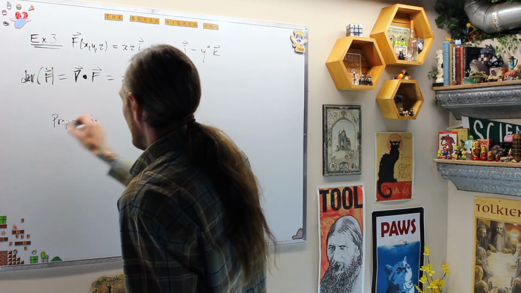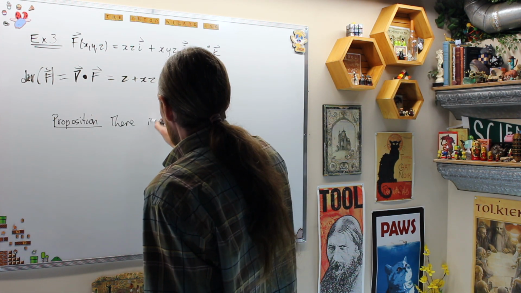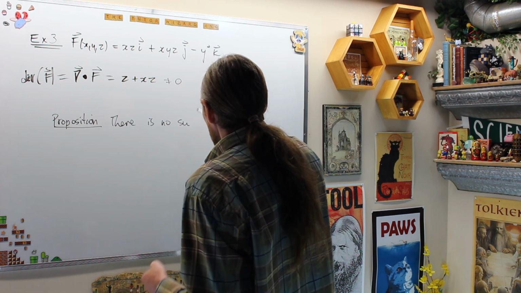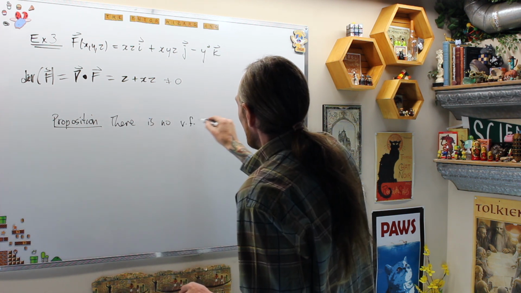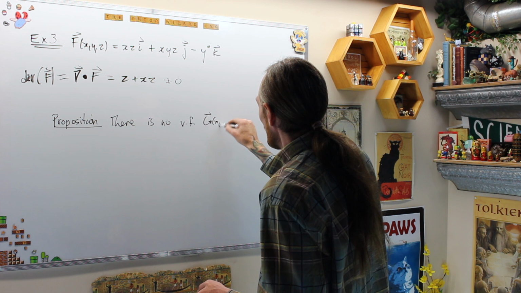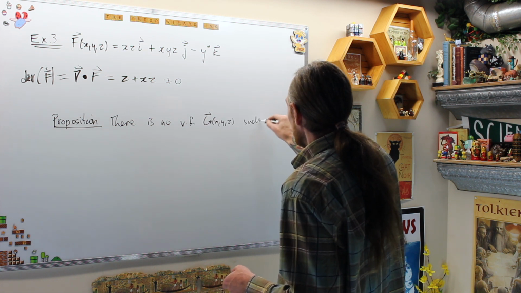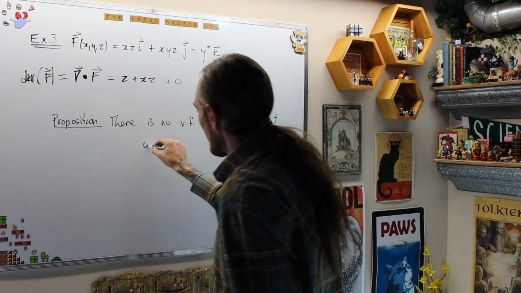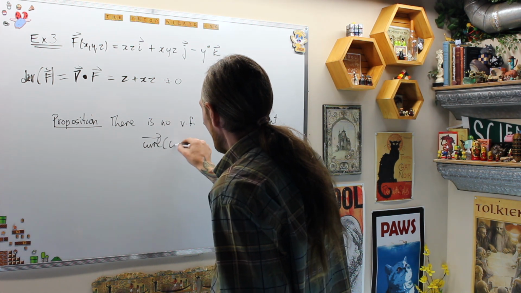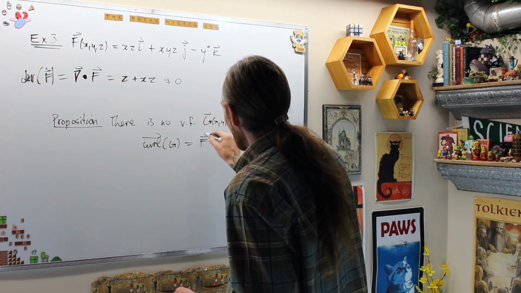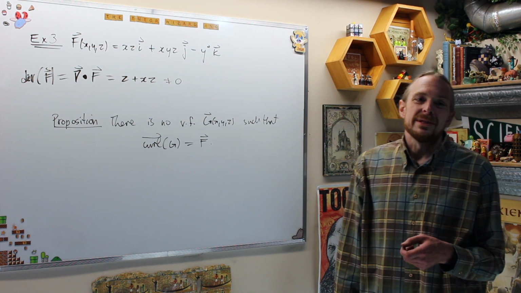Proposition: there is no vector field G of x, y, z such that the curl of G is equal to F. Can you see why?